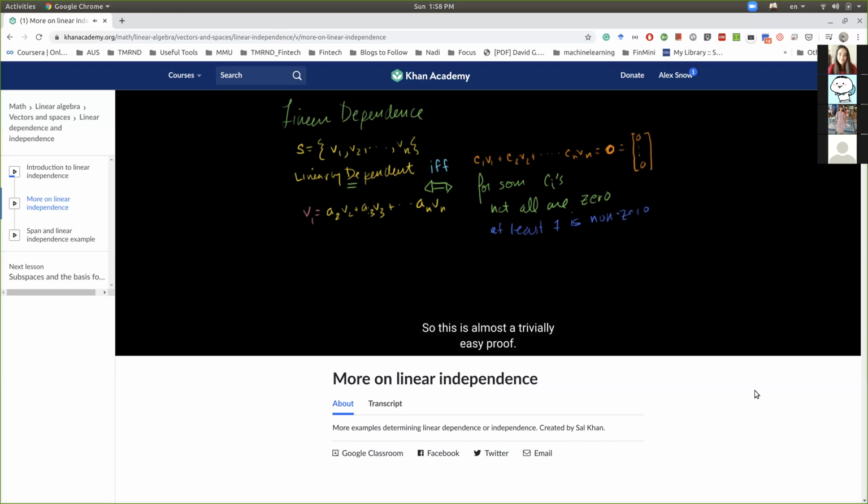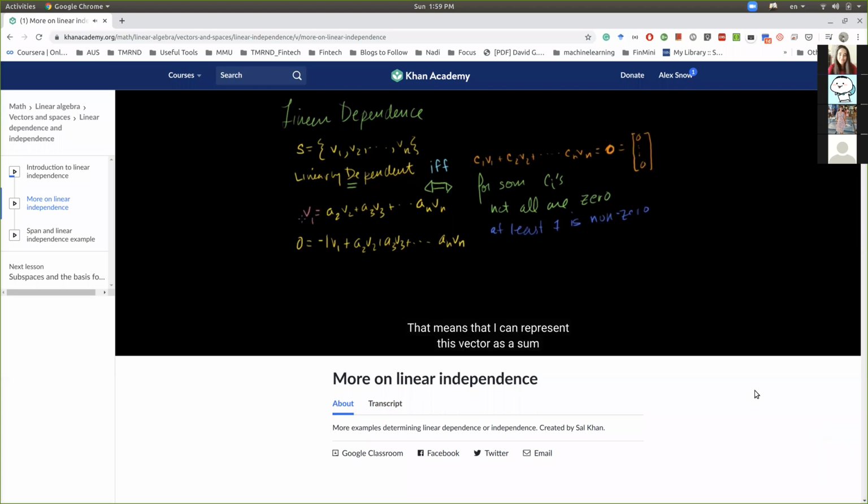So this is almost a trivially easy proof, because if I subtract V1 from both sides of this equation, I get 0 is equal to minus 1 V1 plus A2 V2 plus A3 V3 all the way to An Vn. And clearly, I've just said, well, this is linearly dependent.